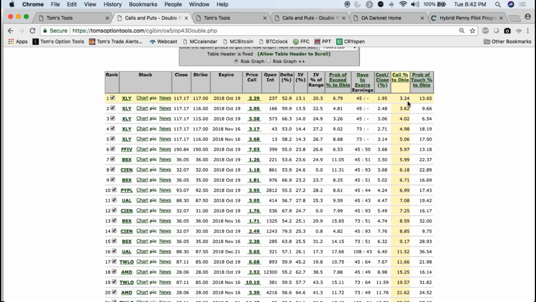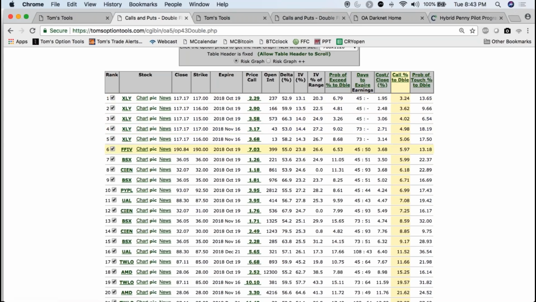If the stock goes up 3.24%, then this option, the October 19th 117s, should theoretically double in value, based on the Black-Scholes option pricing model that we use to calculate this information. So that's an interesting way of looking at it.